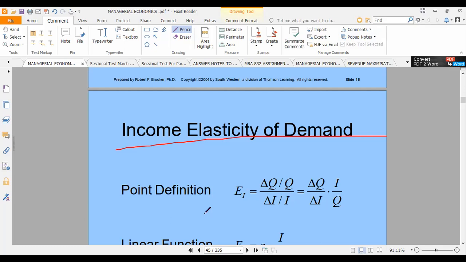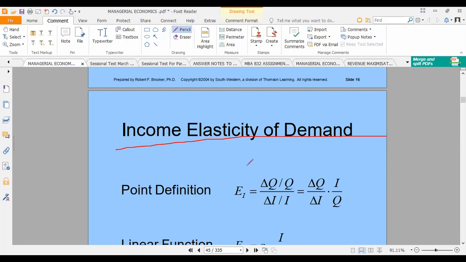They think men are so extravagant. We buy from quick shops where prices are 10 times more. So income elasticity looks at how our buying behavior reacts with respect to our income.